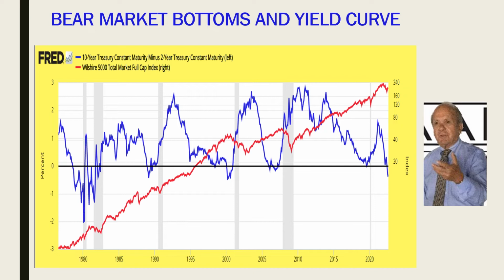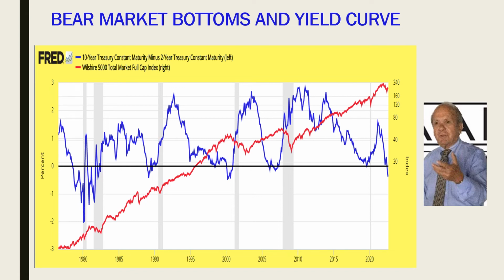So if you look at the bottom of a bear market and then you go up, you see the difference between long-term and short-term interest rates is 1, which means 1 percentage point, or otherwise 100 basis points. Here, the bottom of this bear market is when, again, the yield curve is normal, that is, short-term interest rates are below long-term interest rates, and the difference is roughly 100 basis points.